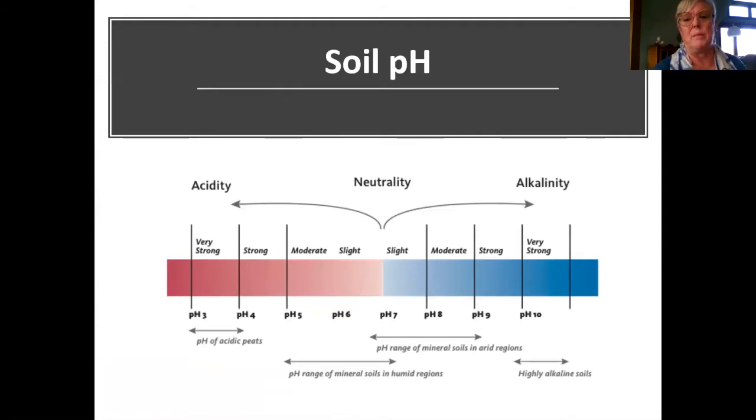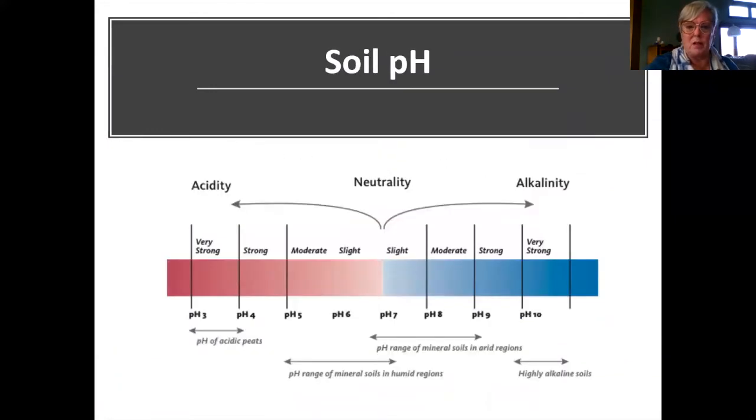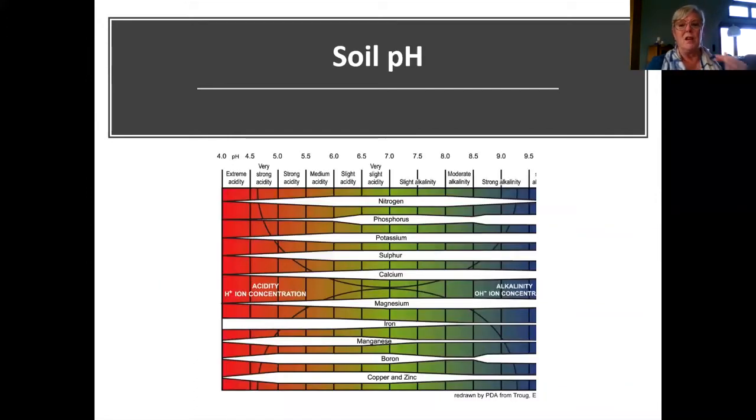The reason that soil pH is so important is because it influences the availability of nutrients to the plant roots themselves. So you can see you've got anywhere from acid to neutral to alkaline.